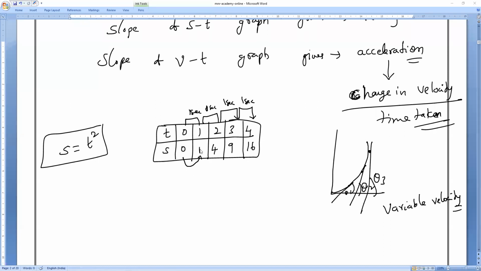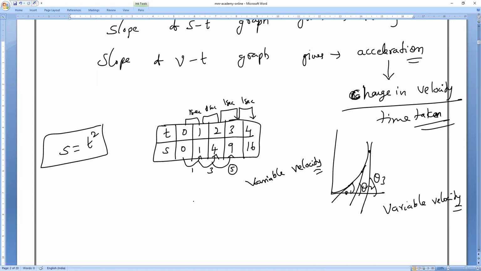Distance, verify here to here is 1, but here to here how much? 3. And here to here how much difference? 5. So now you tell me, is it variable velocity or constant velocity? Variable velocity, because displacement does not remain constant.